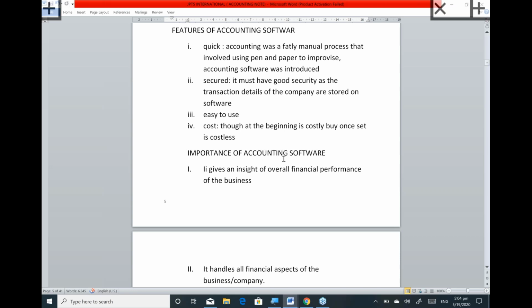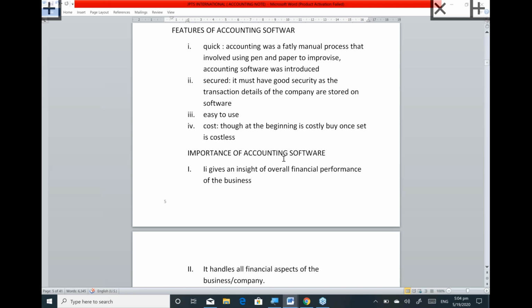And if we are in the bank, when we want to collect money, sometimes even from a POS, right there you do your accounting. Then cost: at the beginning it is costly, but once set up it is costless because it is continuous.